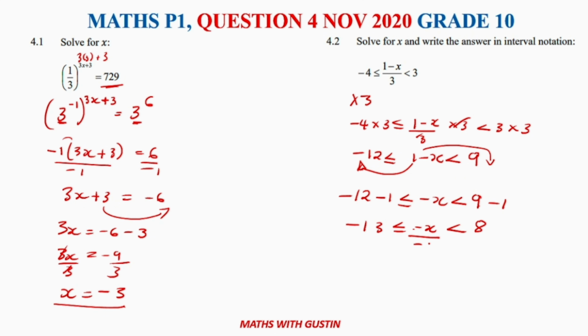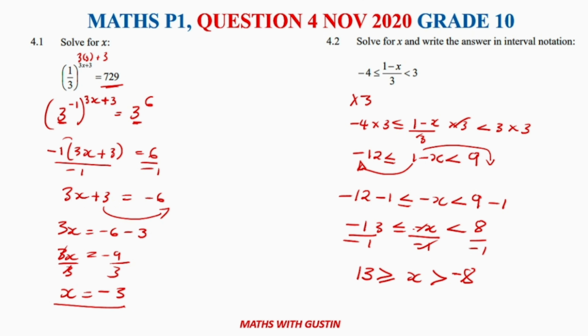Therefore we need to divide by negative 1 on all sides. This would cancel out. Then you're going to have 13 here. But remember, with inequalities, whenever you divide by a negative number, the inequality sign will have to change. So this was less, therefore it's going to face the other way. And that's how you deal with a question like this one.